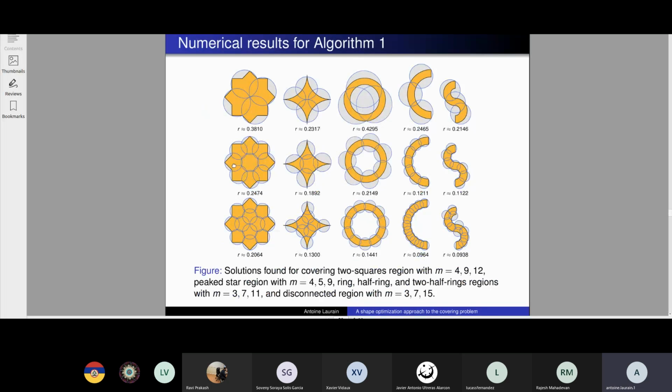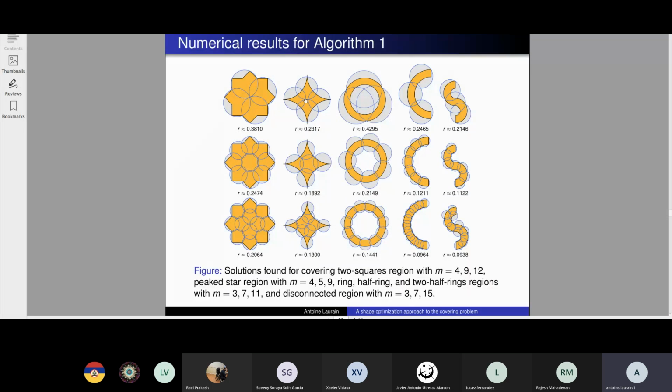Okay, so here are some results for the covering problems. This is the first algorithm that we developed for general shapes. You can see here each column corresponds to the covering of a specific shape. So you get some interesting regular coverings. For instance, in the case of these rings, you can really see the regularity of the covering, or this also for the half ring.